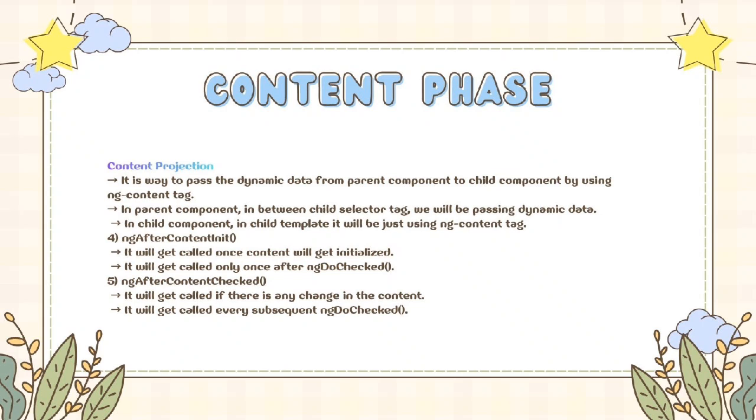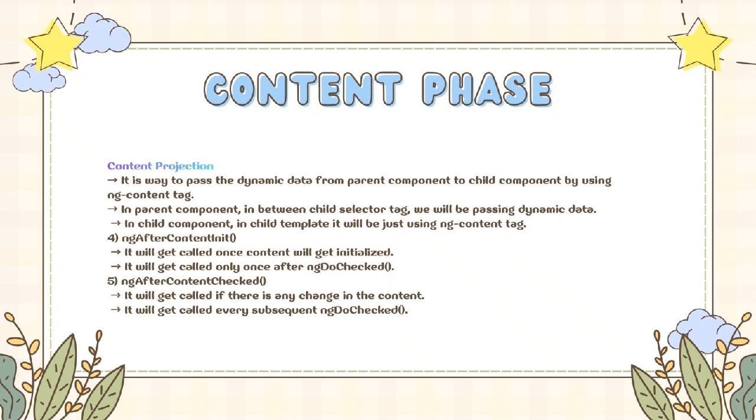In the parent component, in between the child selector tags, I can pass my dynamic data. In the child component, inside the child template, I just use the ng-content tag so that I can access the parent's dynamic data inside the child component. So this is nothing but content projection.